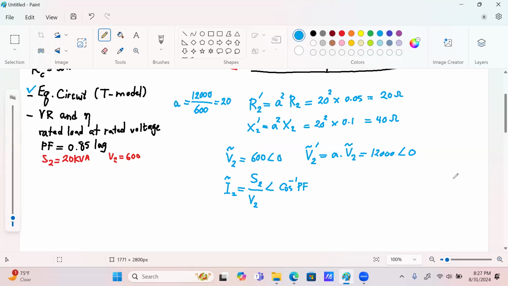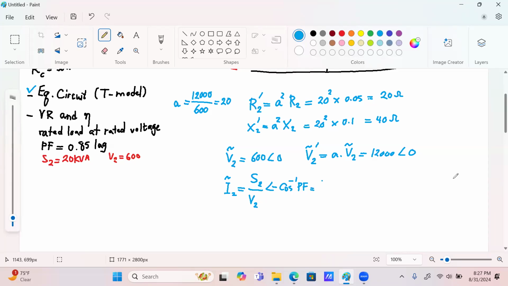But that angle could be positive or negative, and it depends on whether the power factor is leading or lagging. In this case, power factor is lagging. That means the current is lagging the voltage. Since the voltage has an angle of 0 degrees, the current would have to have a negative angle. So I place a minus sign here. If the problem had set 0.85 leading, then you would have an angle of plus cosine inverse of power factor.